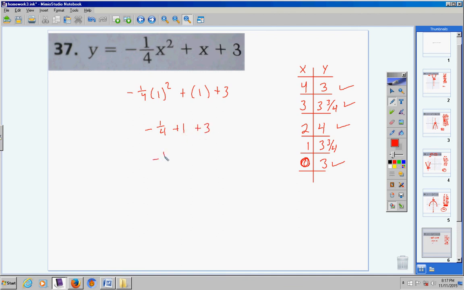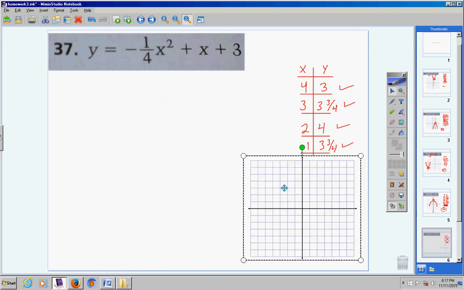Add your two positives together and you'll get a positive 4. So a 4 and a negative 1/4 is 3 3/4. So there we go. All the values matched. We're doing very well. And so here we go.